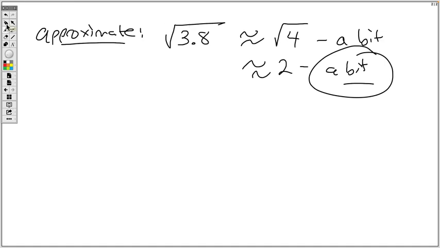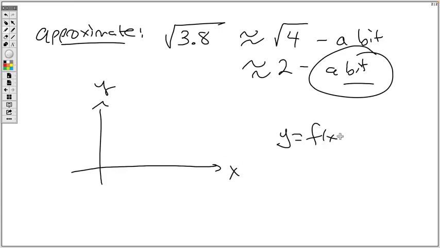So if I think about it geometrically, let me get some graphs in here. If I graph y equals f of x equals the square root of x, here we go. I've got the point 4, 2 right up there.